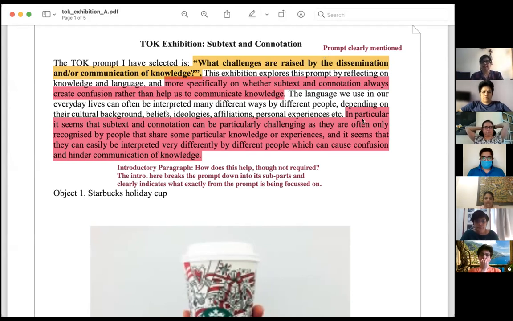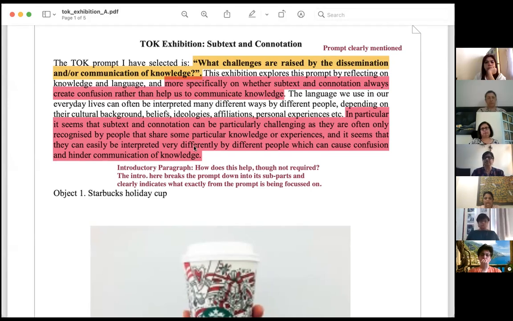So then the child goes to say, in particular, it seems that subtext and connotation can be particularly challenging as they are often only recognized by people that share some particular knowledge or experiences, and it seems that they can easily be interpreted very differently by different people, which can cause confusion and hinder communication of knowledge. So the child then further exemplifies what the student has said here.